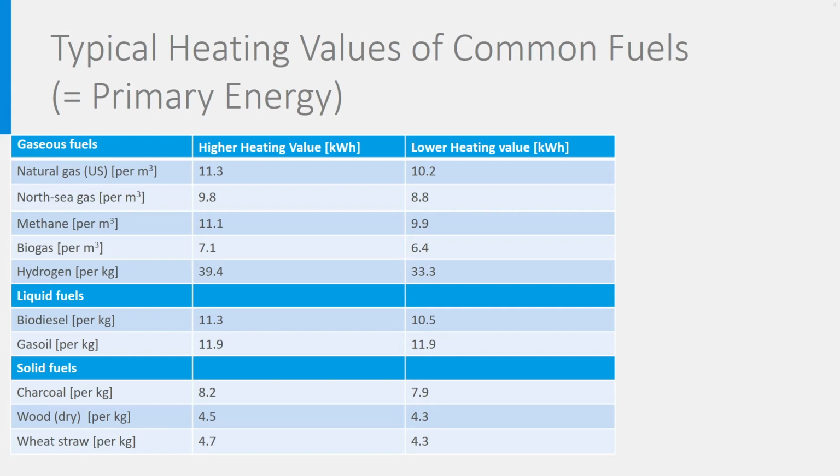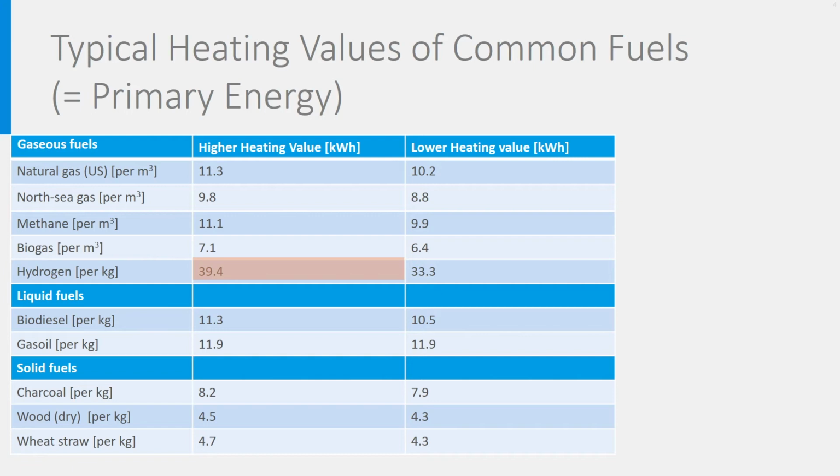An interesting exception to this is hydrogen, with a very high energy content per kilogram compared to other liquid and solid fuels. When it comes to solid fuels, the last rows of the table, including biomass like wood and straw, you can observe that their heating value is generally lower. These heating values will help us to calculate the primary energy use and the CO2 emissions.